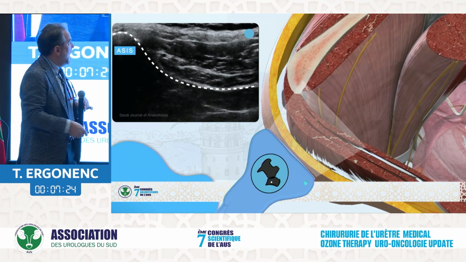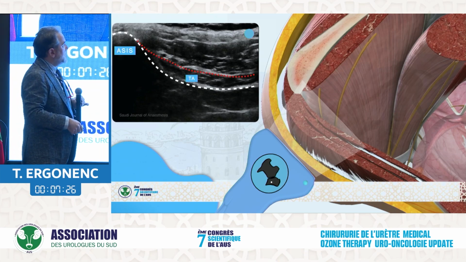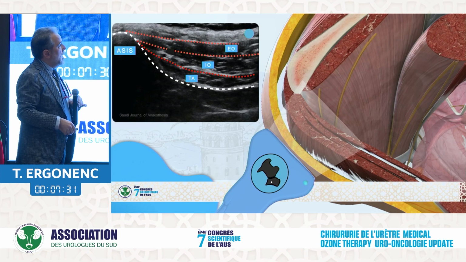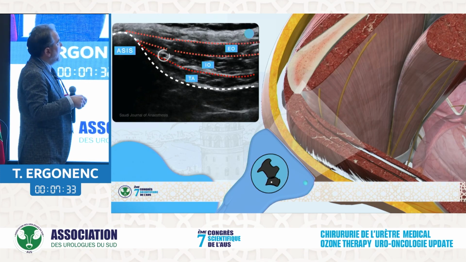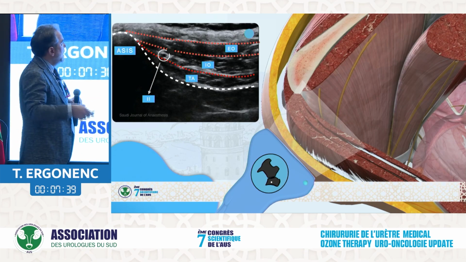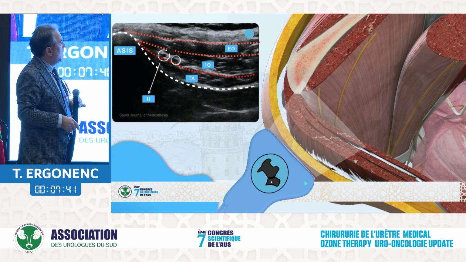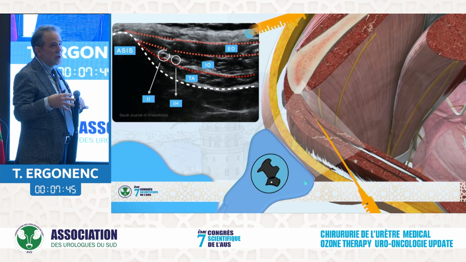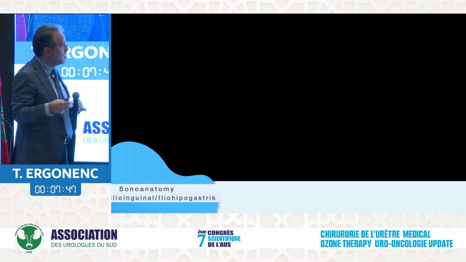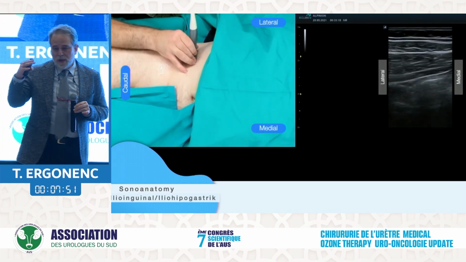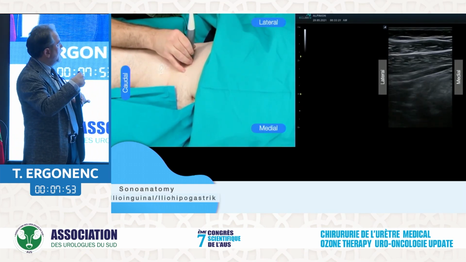I assume that. So this is the transverse abdominis, the internal oblique, and the external oblique. You can easily find the intersection of these muscles between the fascial layers, the ilioinguinal nerve, and the other nerve which is important for pelvic pain, the iliohypogastric. You can do your procedure with a medial to lateral approach.